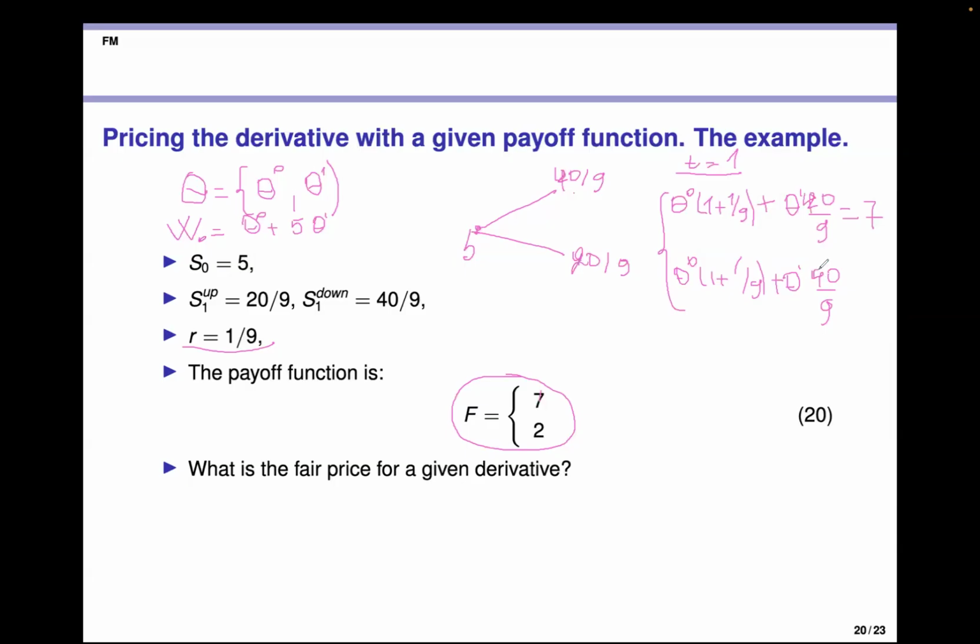No, I think it was correct the first time. Yes, because we have the up scenario, which is 20 divided by 9, and the up payoff is 7. What is more?